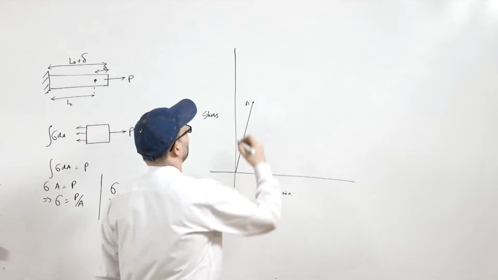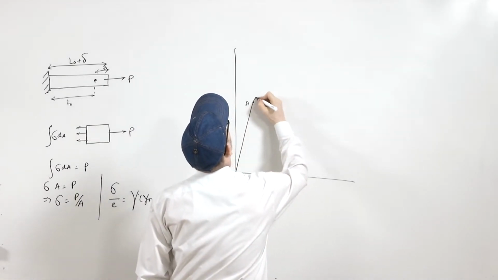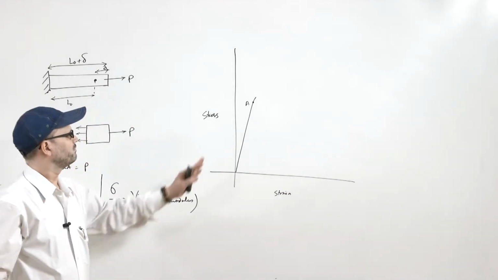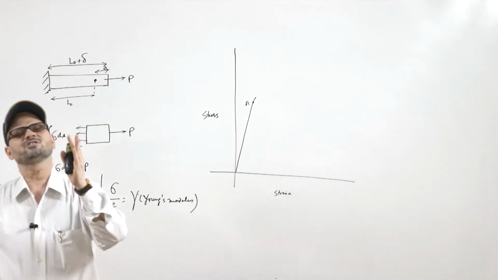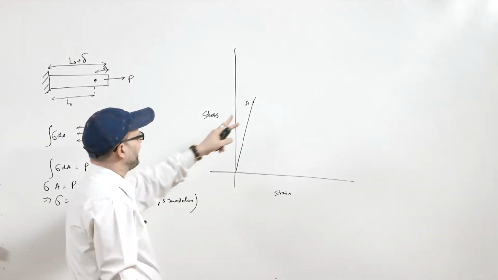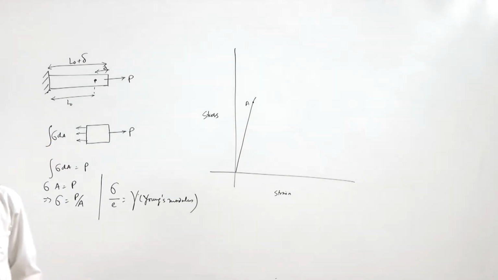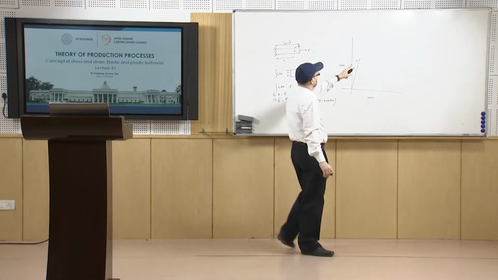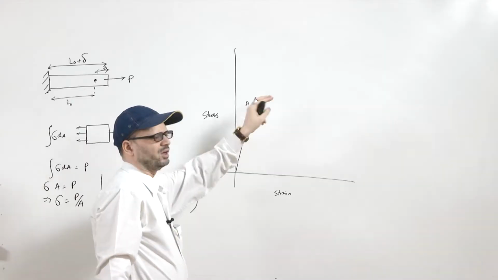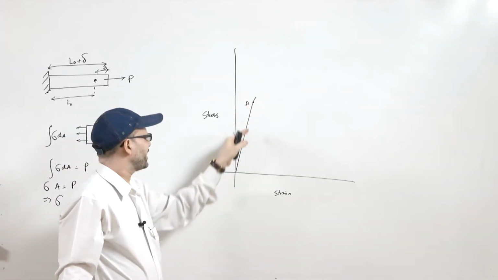Then the linearity deviates. You no longer have a completely linear relationship, but the elastic property is still intact. Even if you remove the load from here, the material will come back to its original state.